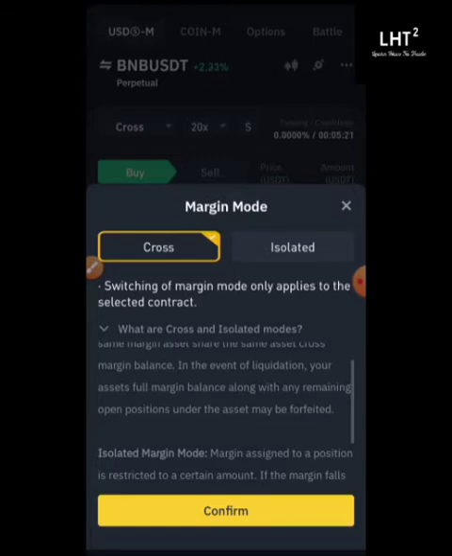Because okay, now let's assume you longed it. Let's say your entry price is 48,500, and you long BTC, like you longed it to go up, and your liquidation price is let's say 48,200, since it's a long.